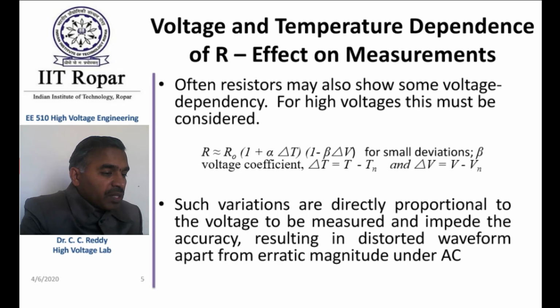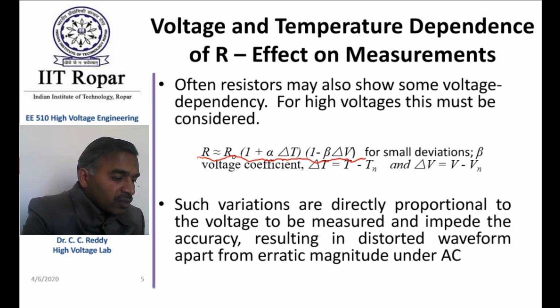Voltage and temperature dependence of R. Apart from temperature dependence, resistors may also show some voltage dependency. This is the resistance value approximately, with temperature and voltage dependence included.